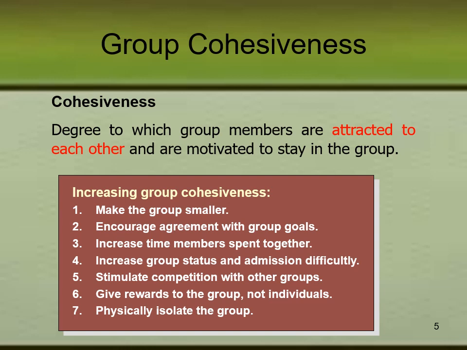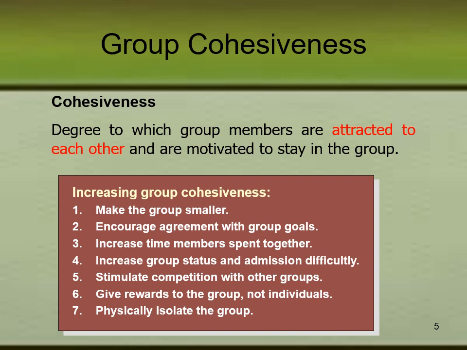So because you work harder together, in the end, all of you will be very cohesive with one another. Okay, group A is competing with group B. So because these two groups want to win the competition, every group member will work harder and work together. Okay, so they will be very cohesive with one another.